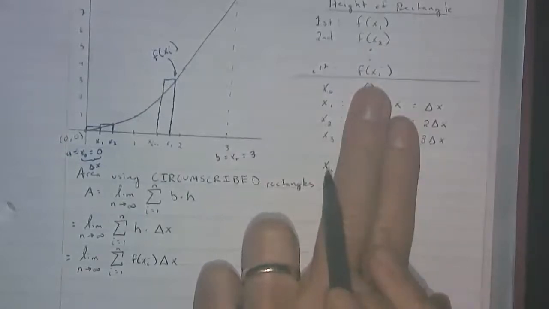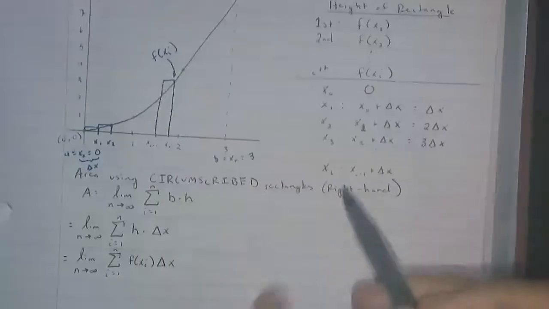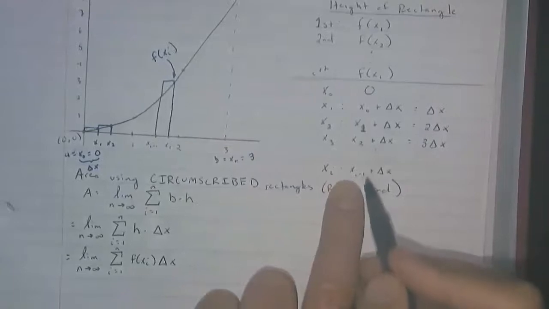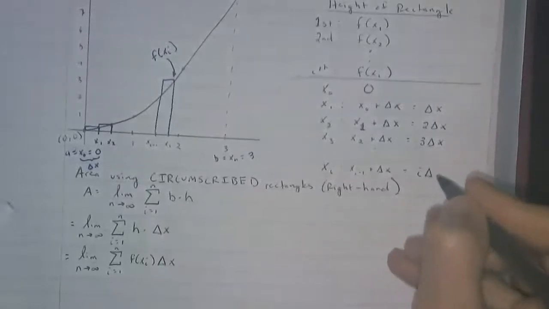How many delta x's should x sub i be? Would it be i delta x? Yeah, i delta x's, because x sub i minus 1 is i minus 1 delta x's. We're adding another delta x, and you get i delta x's.